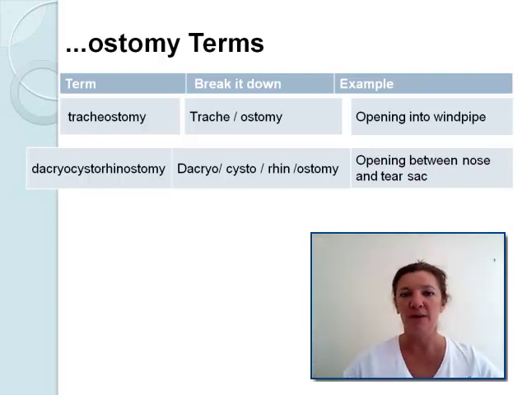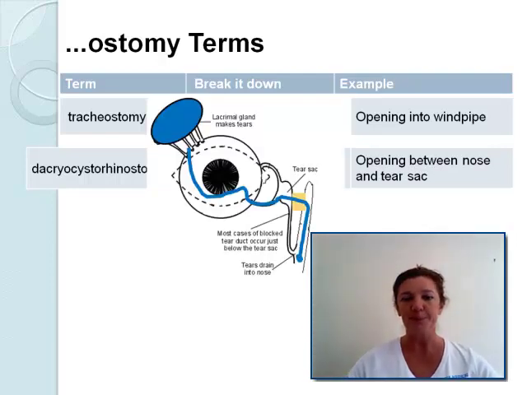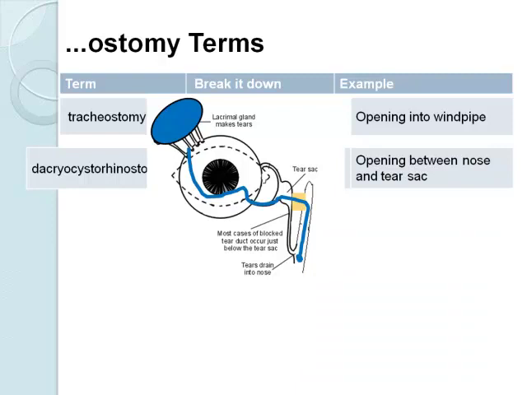Let's look at a diagram to help us explain. Here we have a diagram of the eye and the tear sac. The lacrimal gland makes the tears. The tears pour out over the eye. From the eye they then drain out towards the tear sac and then down towards the nose. If you have a blockage in your tear sac, the tears cannot drain away through the tear duct.